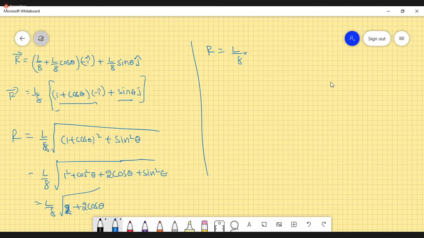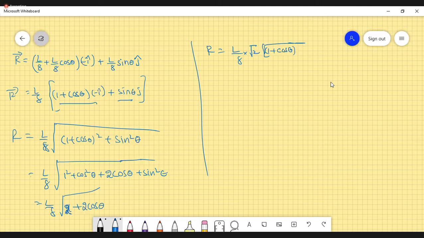So taking root 2 common, what remains inside is 1 plus cos theta. How can we write 1 plus cos theta? Cos 2 theta is equal to 2 cos square theta minus 1. So cos theta is equal to 2 cos square theta by 2 minus 1.